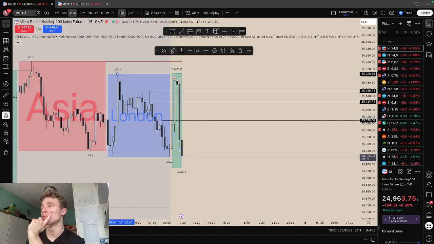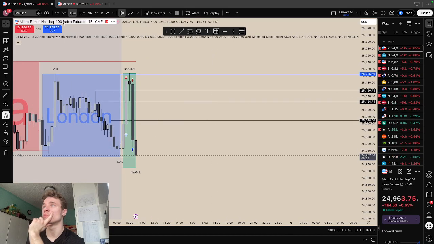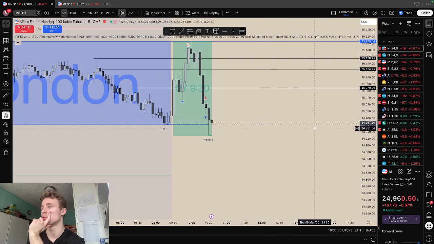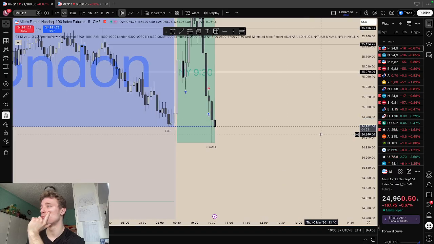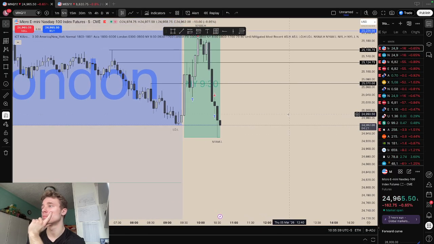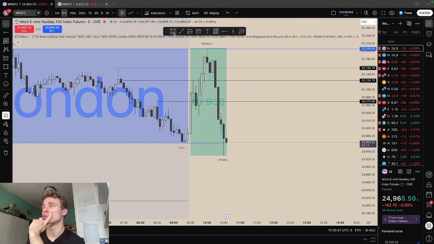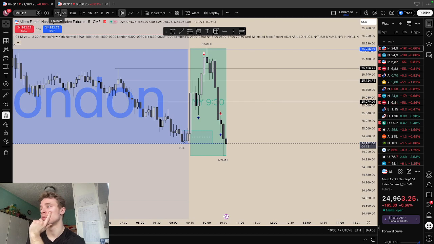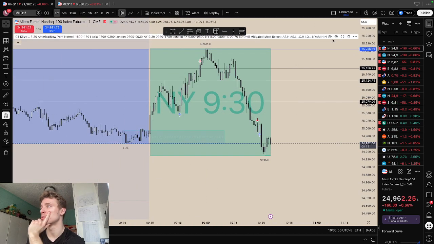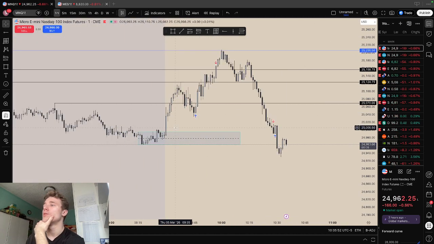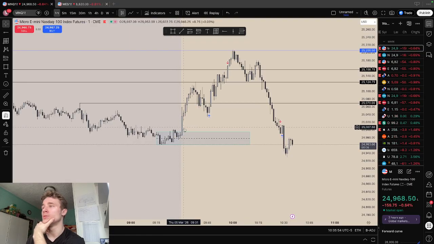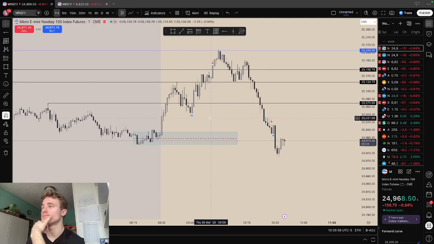And then during the market open, when we go down to the lower time frame, we noticed a huge breaker structure and a shift in the market. So over here, I would consider this the breaker structure. And when you go to the lower time frame, we actually noticed that during the market open, everything decided to go up.